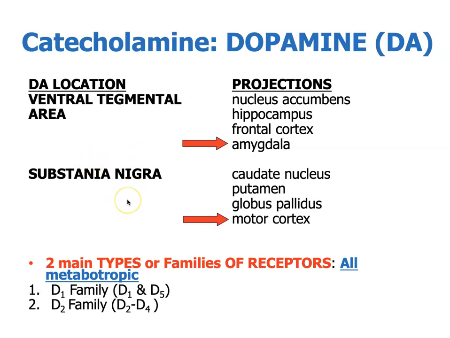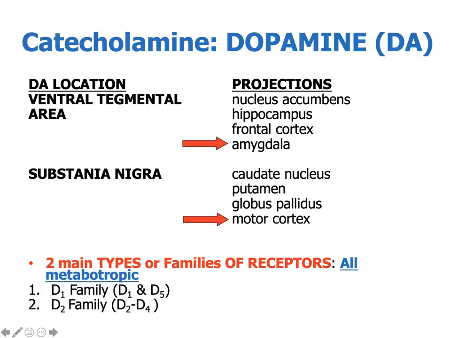So dopaminergic neurons are involved in quite a few things, but if we had to categorize them, I would place them into involvement in reward, pleasure, motivation, mood disorder, and neuromuscular or movement, motor control.